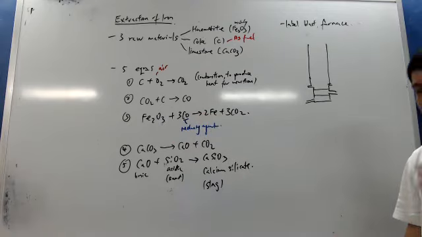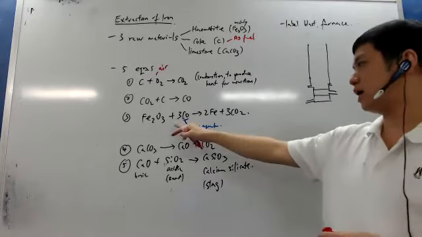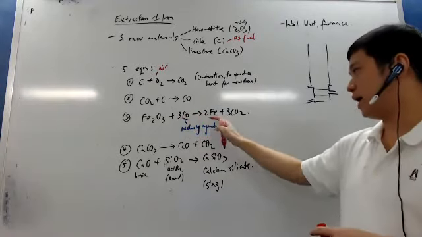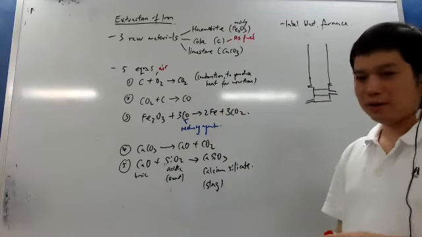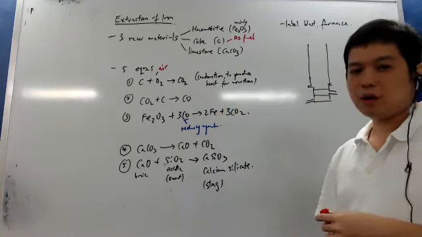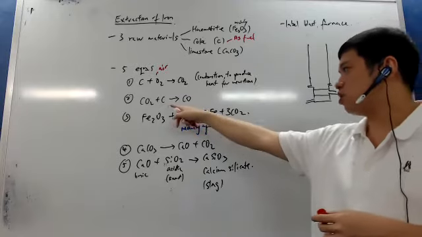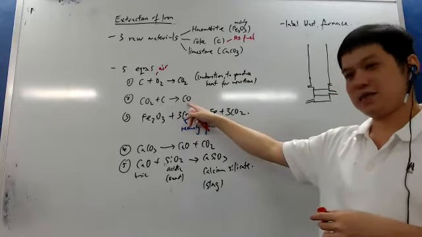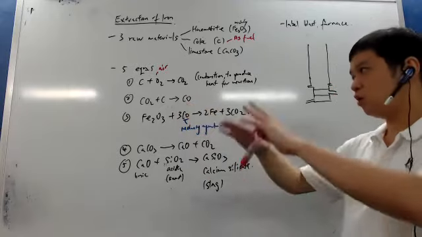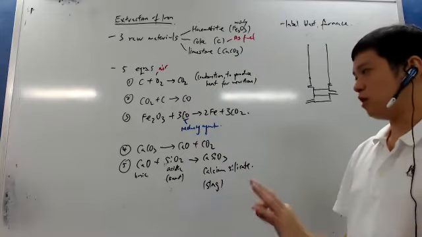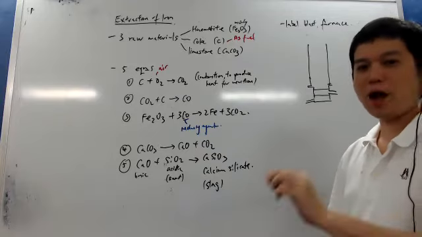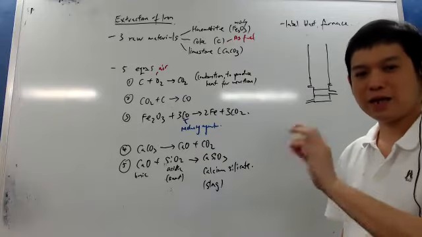Okay. Previously, of course, we learned iron 3 oxide can also react with carbon to form iron and carbon dioxide. But here, why does it react with carbon monoxide, not carbon? The rationale is like this, because carbon is solid, carbon monoxide is gas. The gas will fill out the whole blast furnace, the chamber. So more of the iron 3 oxide will actually be reduced by carbon monoxide to form iron rather than carbon.